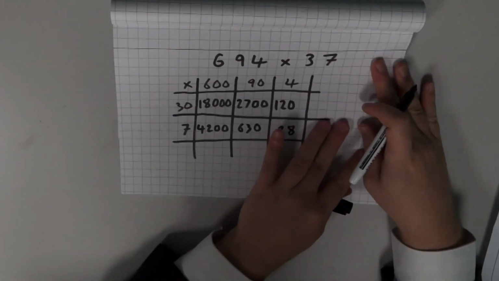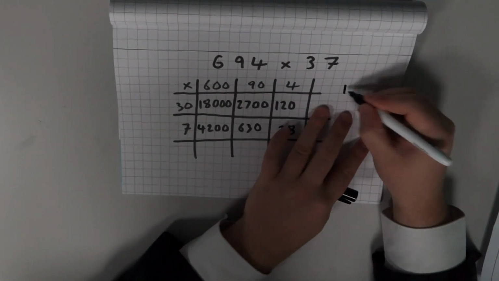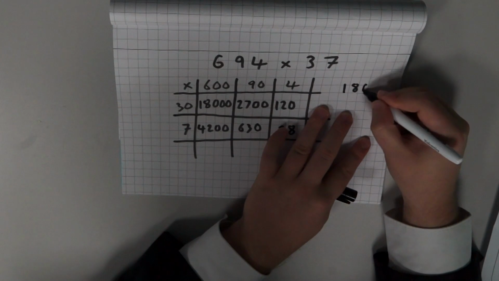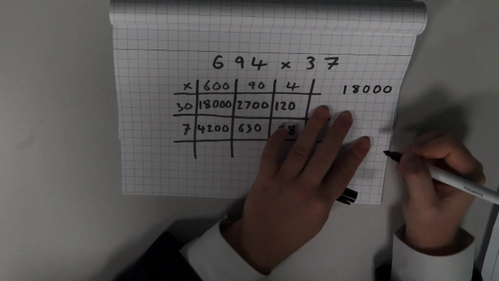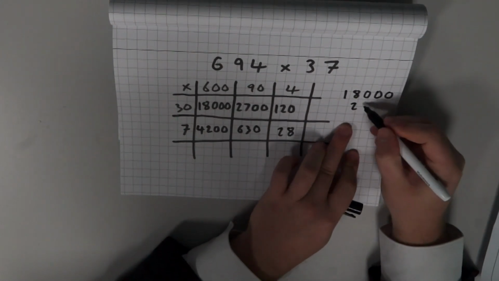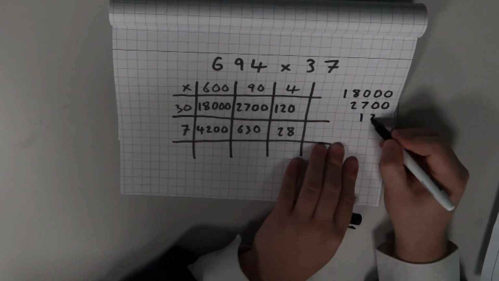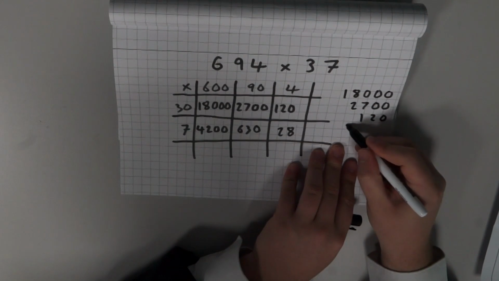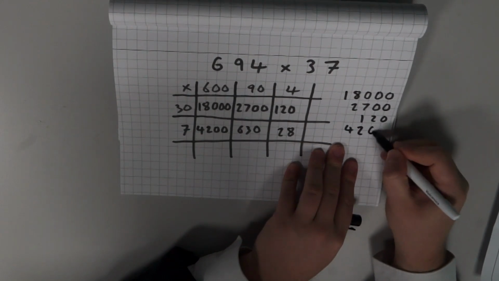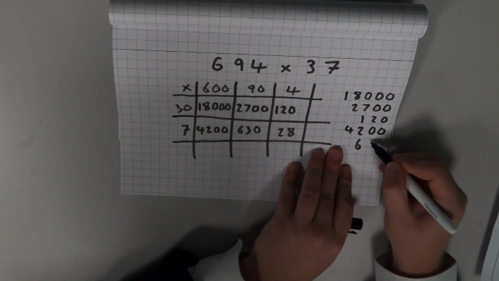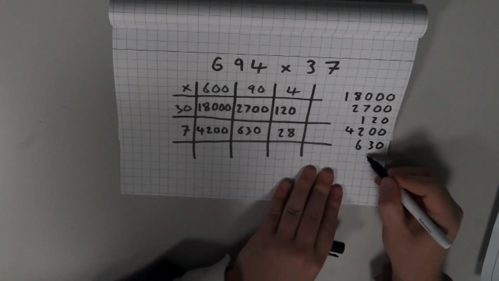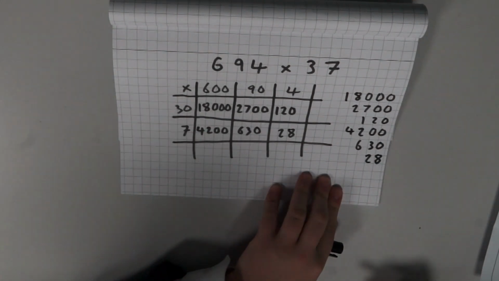Okay, now I'm going to add these up. Again, the SWB way. So 18,000, 2,700, 120, 4,200, 630, and then 28.